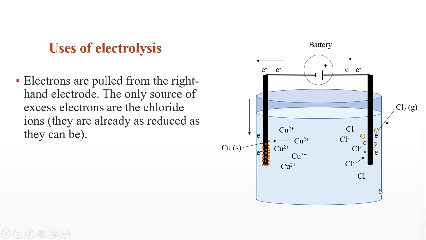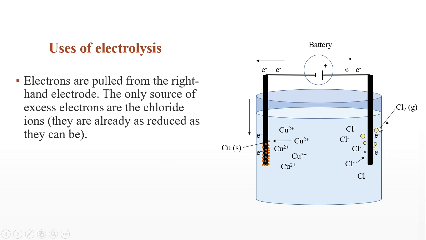So they can be forced to oxidize back to what they were before. The copper ions here, it wouldn't be possible for them to give away any extra electrons after this stage because they've already oxidized as much as they possibly can to form ions. But the chloride ions, they have additional electrons that can be provided to this electrode.